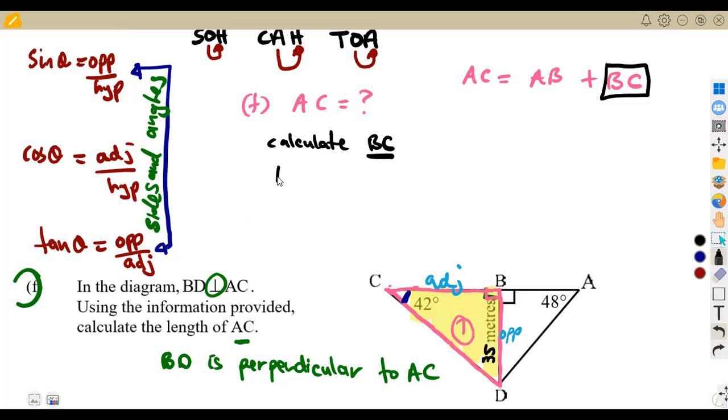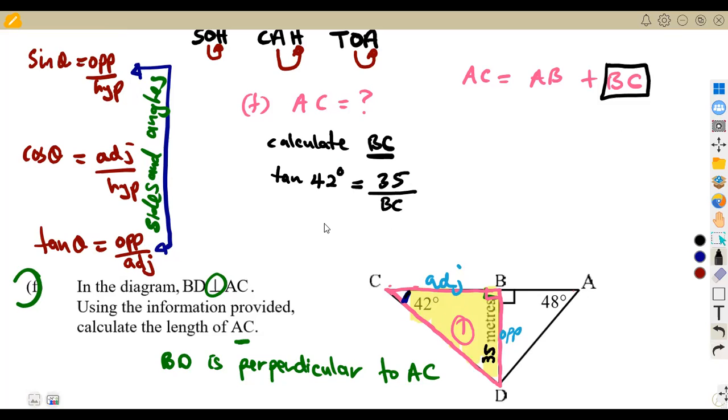So writing this formula, we have the tan of theta, whereby theta is the angle of 42 degrees. So the tan of 42 degrees is equal to the opposite, which is 35 meters, over the adjacent, which is the side BC that we want to calculate.